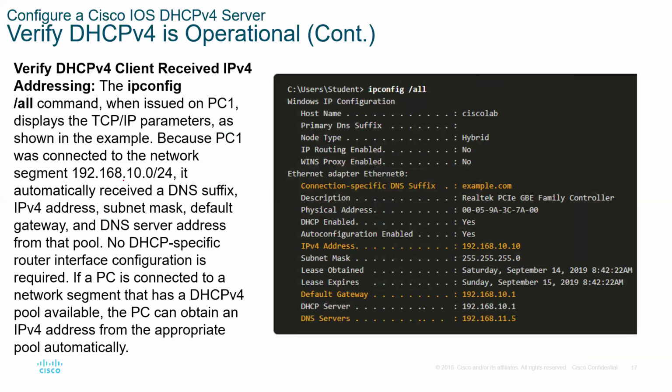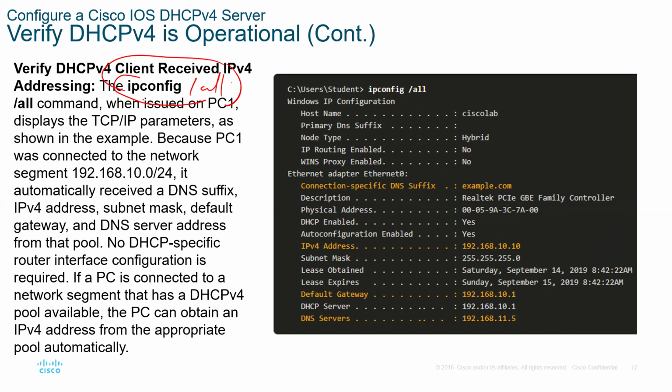All right. We also have the ipconfig command, ipconfig /all actually. This is used on Windows hosts to verify as well the addresses that have been dynamically assigned or statically assigned to a device.